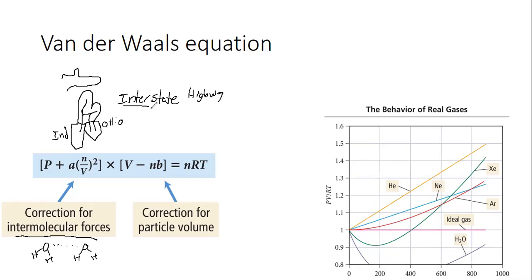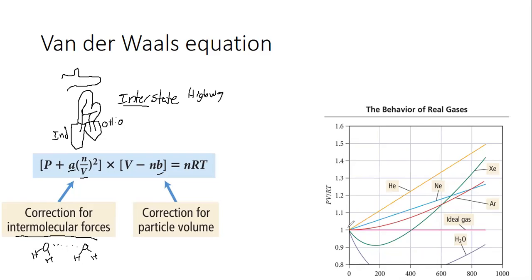They actually do. And so we have to affect that by having this A term. So this A n squared over V squared term corrects for our intermolecular forces. And we also have to correct for volume. We said that molecules don't have volumes, which isn't true. Gases do have volume. So we have another correction term for that.